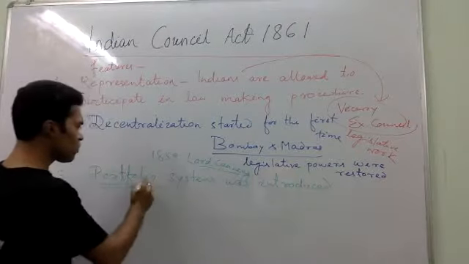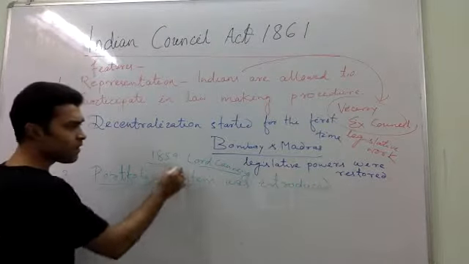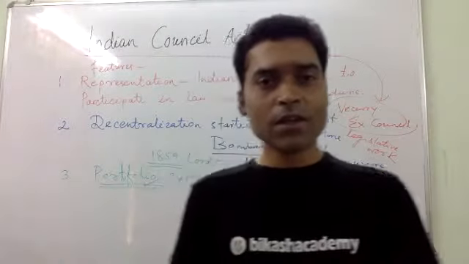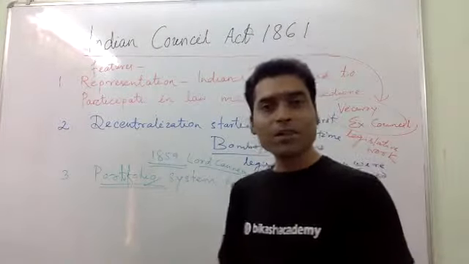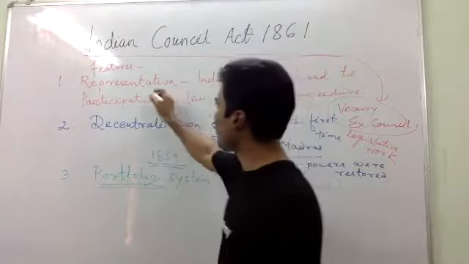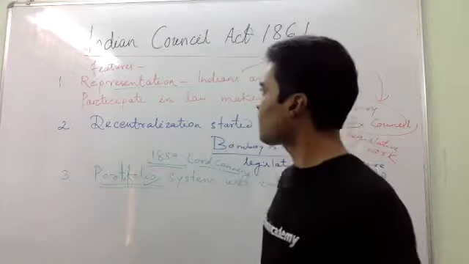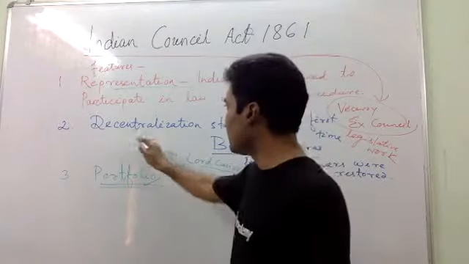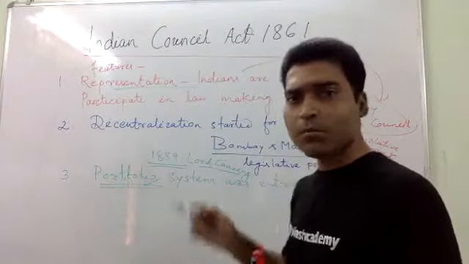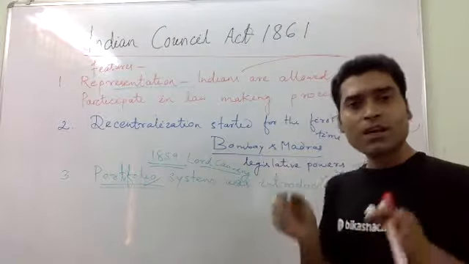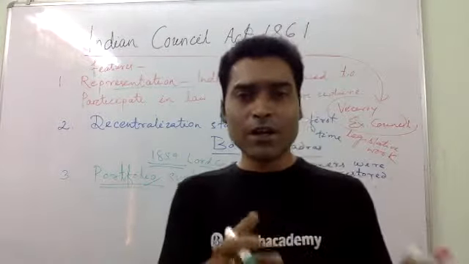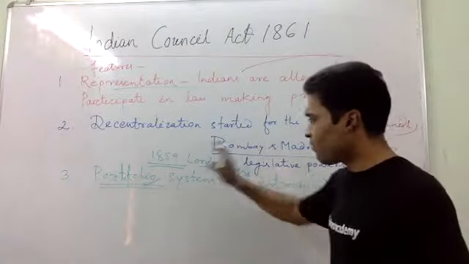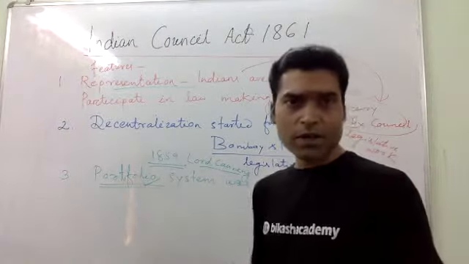Under this portfolio system, Indians can now keep their departments. So, first point, representative institution started, that means Indians now participate in legislative procedure. Decentralization started, that means the legislative powers of Bombay and Madras, which were deprived earlier, are now restored. And the portfolio system was introduced.